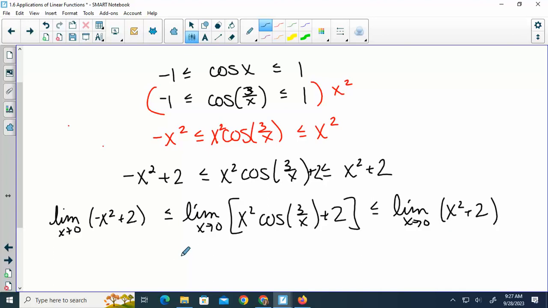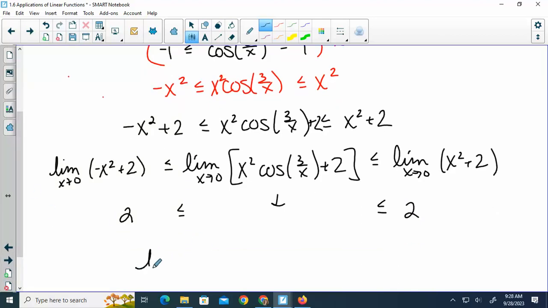The whole point is that we can't do this limit in the middle. But on the ends, these are polynomials, so I can plug in my 0. If I put in 0 for this one, we get 2. If I put in 0 for this one, we get 2. So that tells me my overall limit is 2.